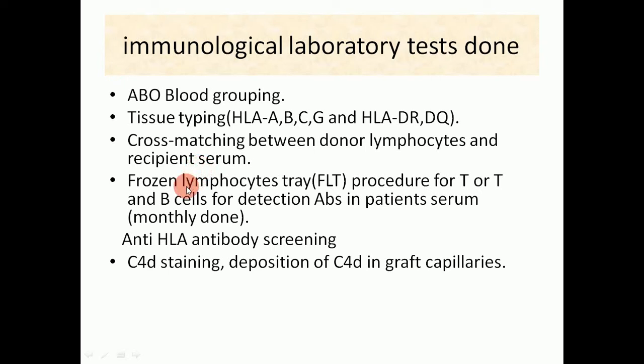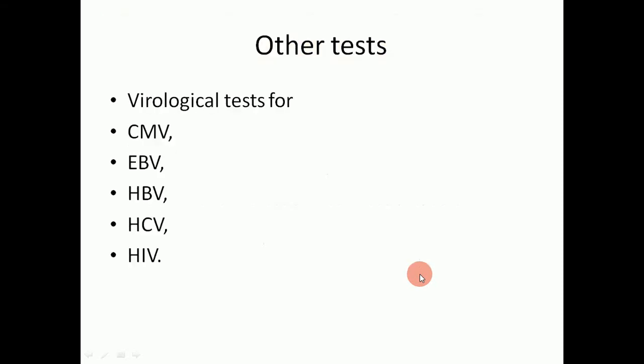Another test is the frozen lymphocyte array, produced for T and B cells for detection of antibodies in the patient's serum, and this is done monthly. It's called anti-HLA antibody screening. And the last one, C4D staining, which is deposition of complement C4D in the graft capillaries.